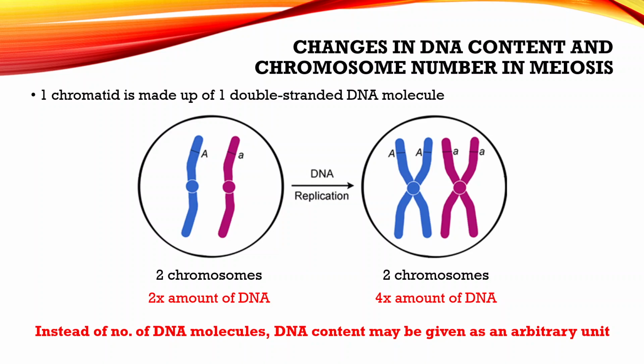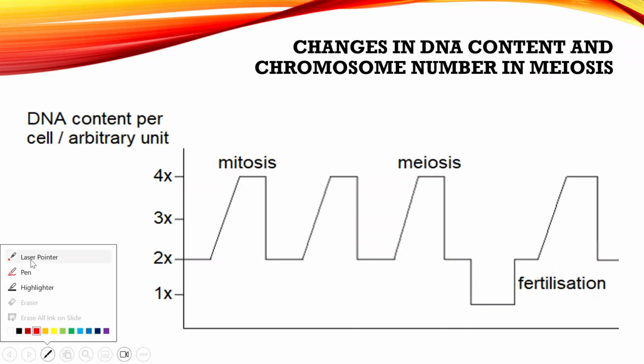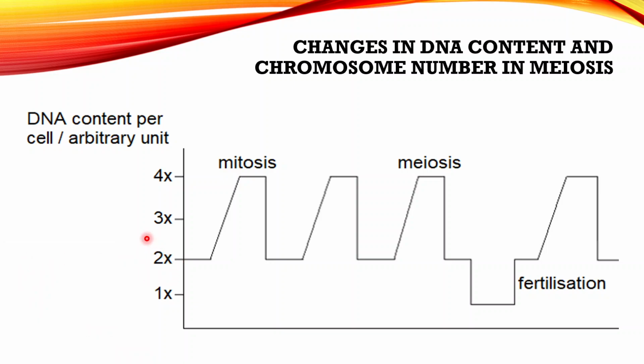All right, let's move on to this graph, which you also have in your notes. I'll be focusing on meiosis. In the original cell, before the whole cell cycle, there is 2x amount of DNA.